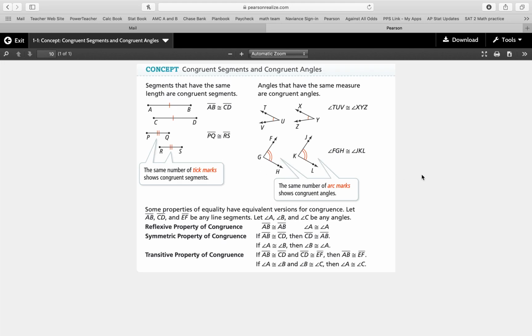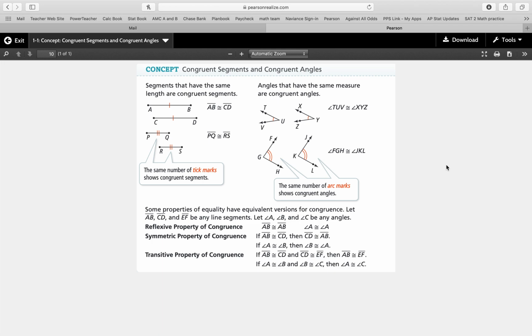Let's talk about congruency as well. Okay, congruent, as many of you might know, kind of means equal to. Okay, there is a big difference between congruent and equals. However, when we equal something, we equal a value.